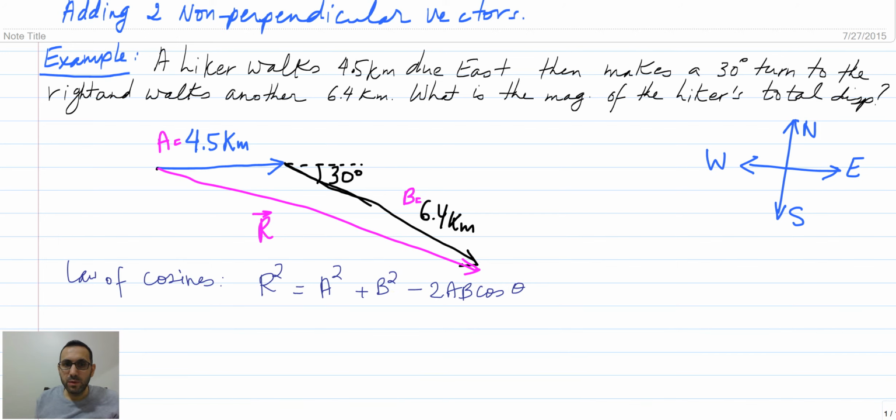Now A and B are known, 4.5 and 6.4. But what is theta?